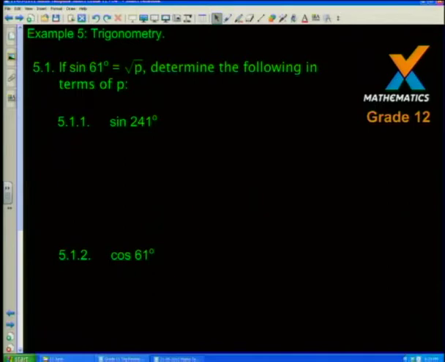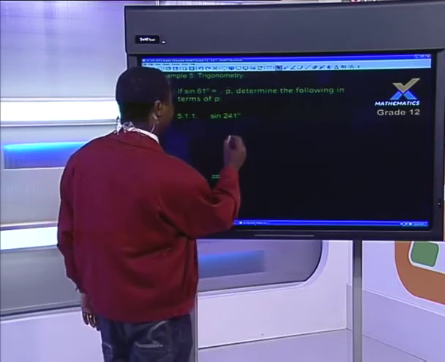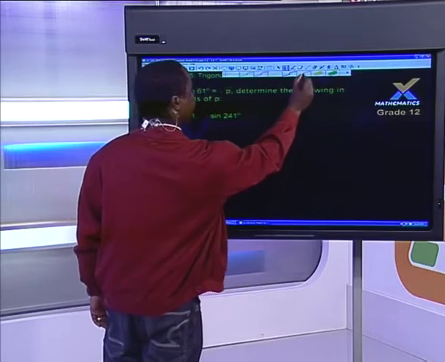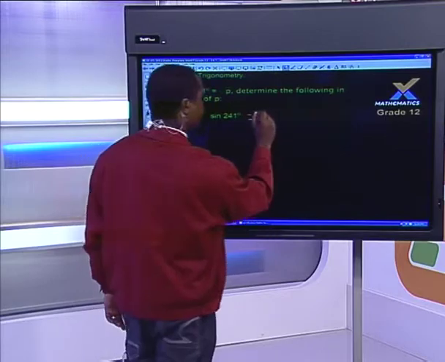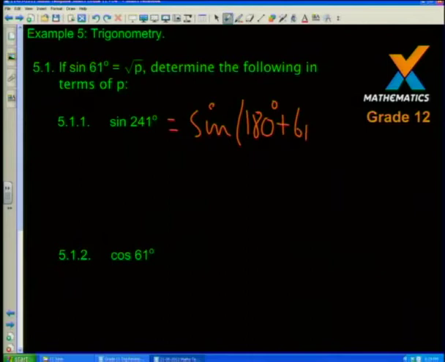Now you'll have to remember all your reduction formulas based on the horizontal line, the 180 degrees and the 360 degrees. So in this case, we will say that this is equal to sine of 180 degrees plus 61.